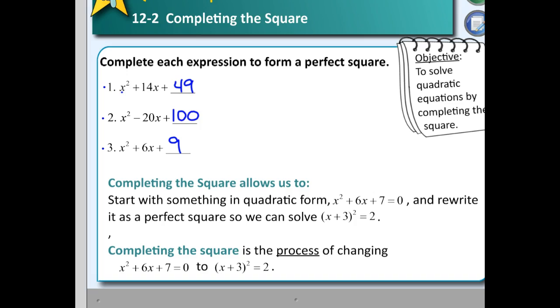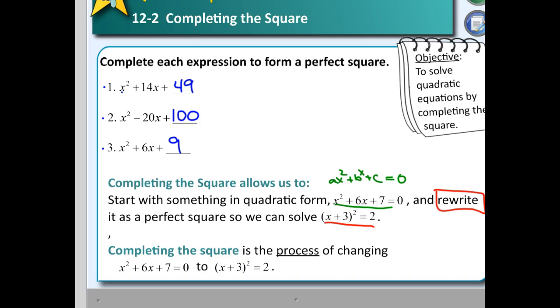We're going to start with something in quadratic form, ax squared plus bx plus c equals 0, and we want to rewrite it as a perfect square so that we can solve like we did last night.